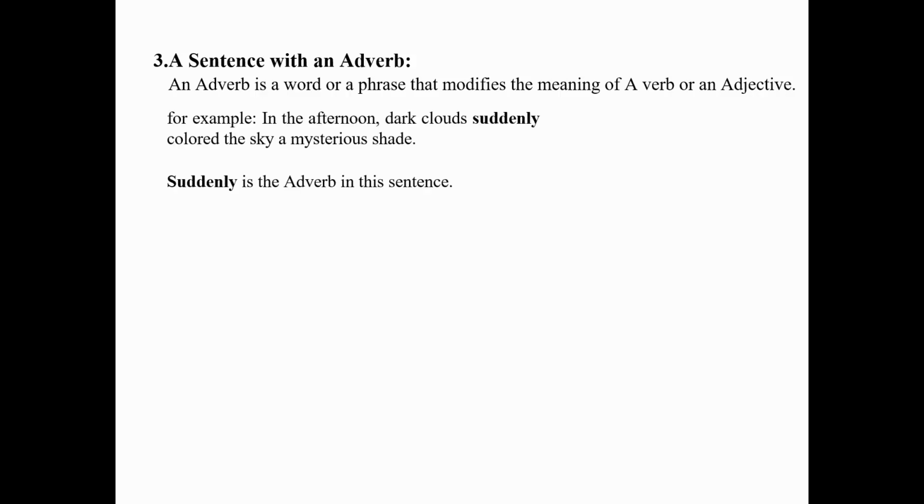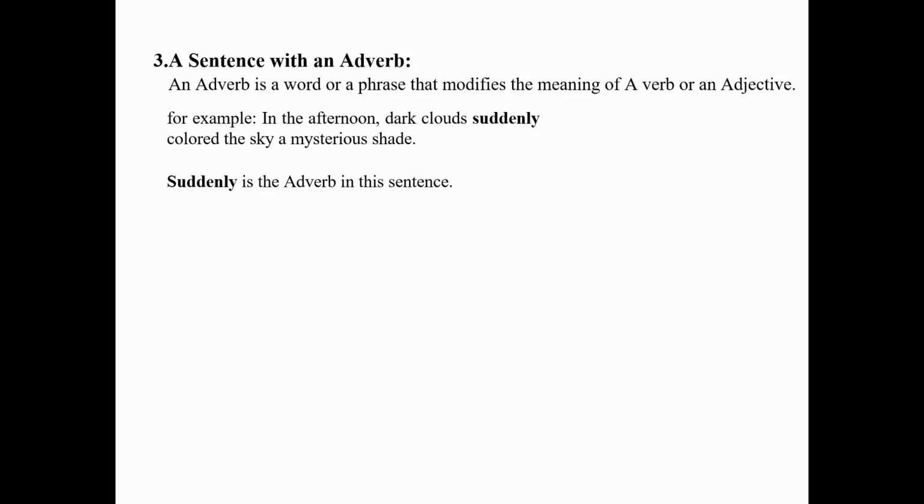The third form is a sentence with an adverb. What is an adverb? An adverb is a word or a phrase that modifies the meaning of a verb or an adjective. Therefore, it usually comes before a verb or an adjective. For example, in the afternoon, dark clouds suddenly colored the sky a mysterious shade.